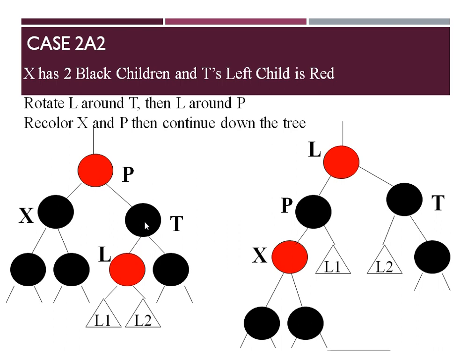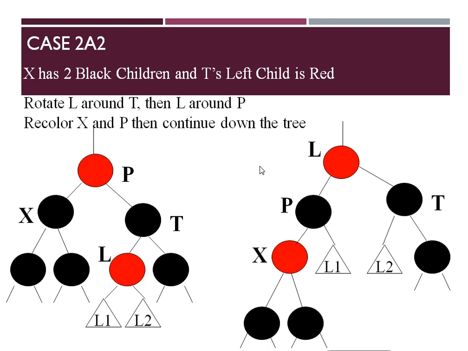After doing this rotation, L will be at the place of T, T will go towards the right. Then we will rotate it around P. So obviously P will go to the left side. Doing this rotation, the node P will shift to the left side of L. L will become the root node.